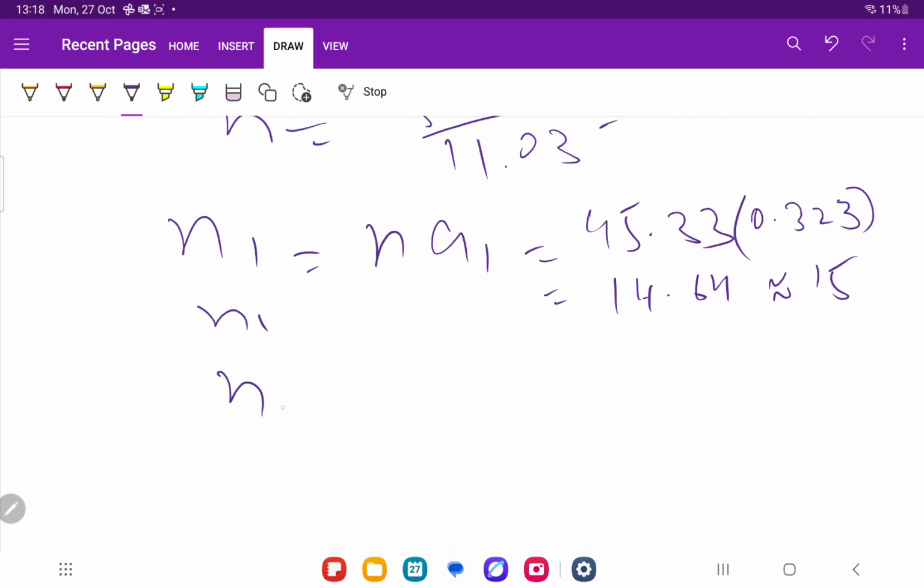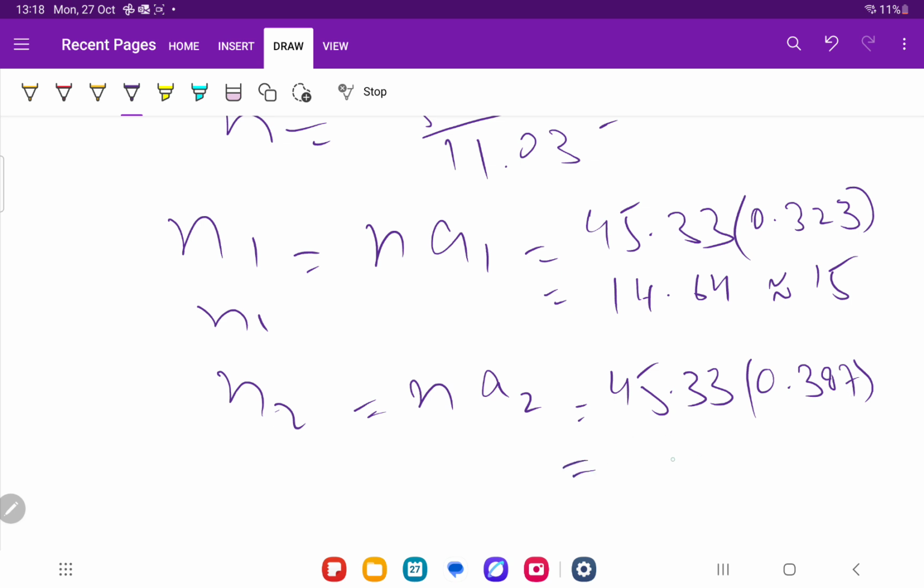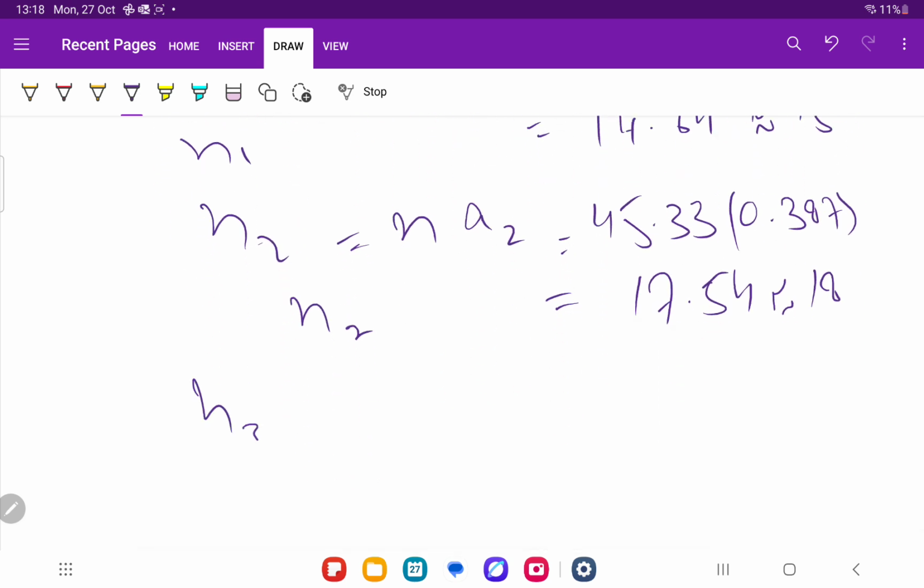Similarly you will calculate N2 as N times A2. N is already 45.33 multiplied by A2, which is 0.387. The answer is 17.54, so approximately 18.